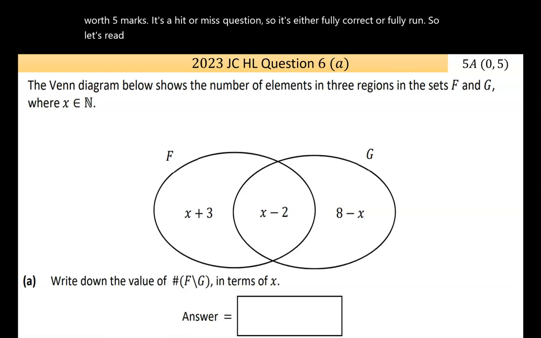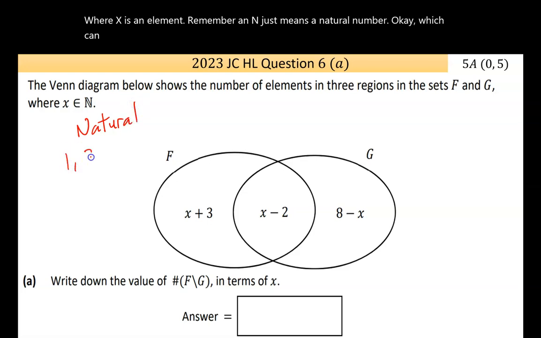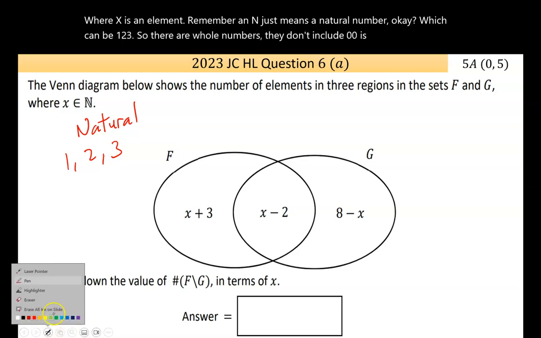The Venn diagram below shows the number of elements in 3 regions in the sets F and G, where x is an element of N. Remember, an N just means a natural number, which can be 1, 2, 3. So they're whole numbers. They don't include 0 because 0 is not considered a counting number.